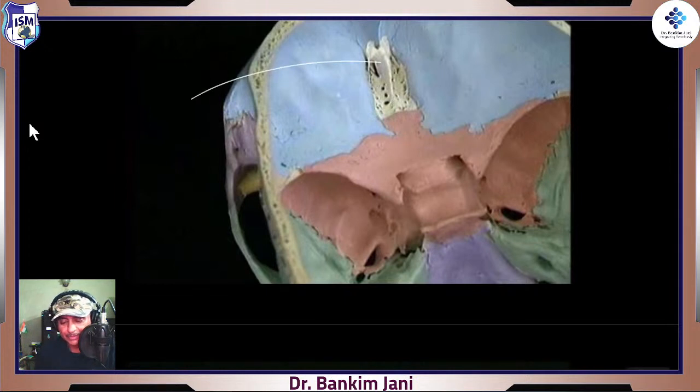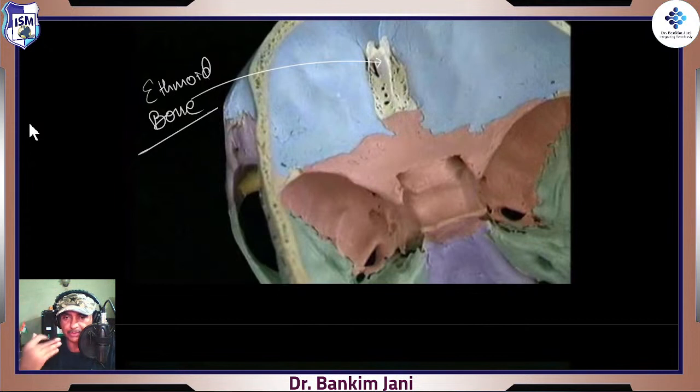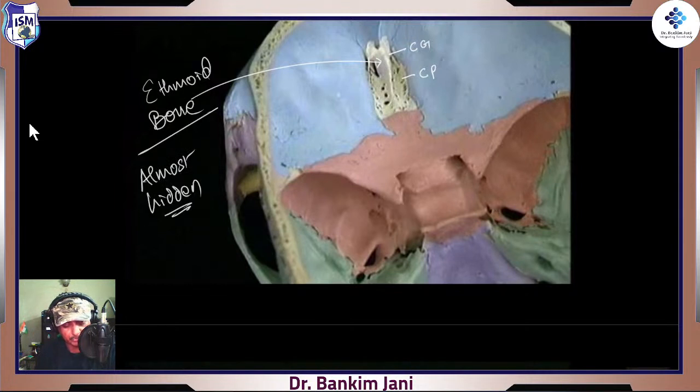Now this bone, as we said, is the ethmoid bone, right? We will not be touching this bone now, because this entire complex has to be discussed when we discuss the nasal cavity, right? So Crista Galli, cribriform plate, that's it. We'll just keep it at this point only because this bone is almost hidden in a living skull. We need to really explore to see it in full.